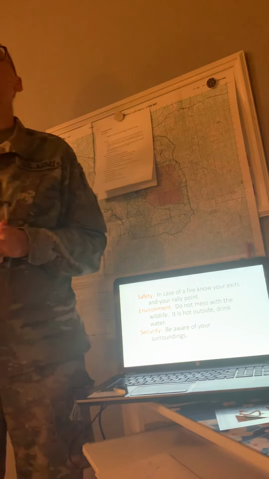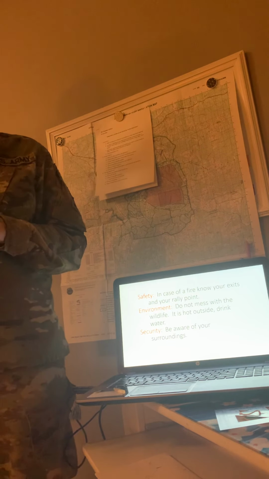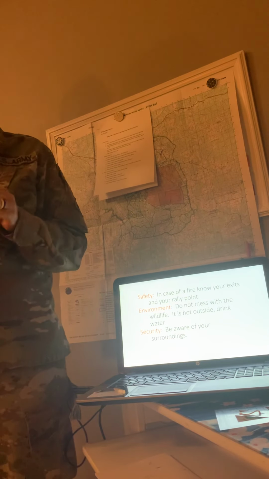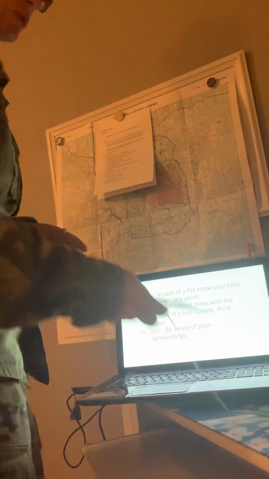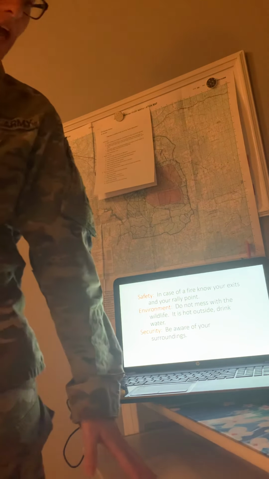All right, so now I will instruct you on how to complete this task to the standard level. I'm now going to pass out your protractors, your maps, your extra paper, and your pencils.